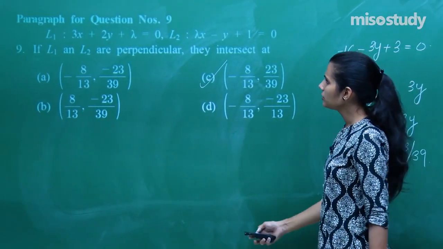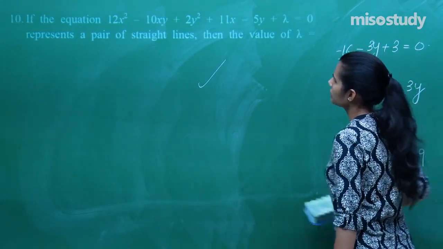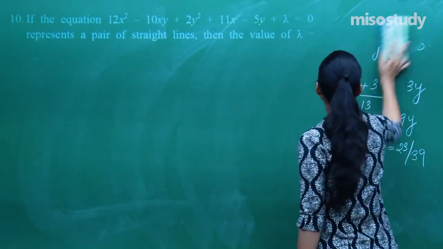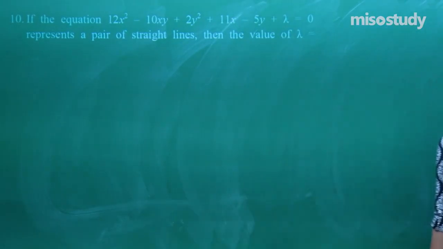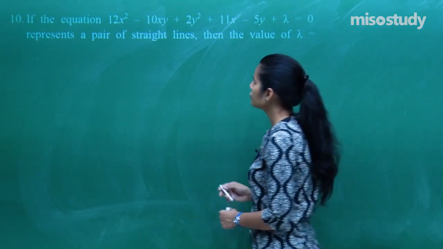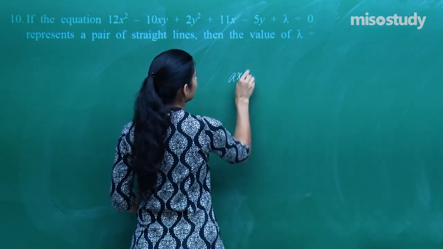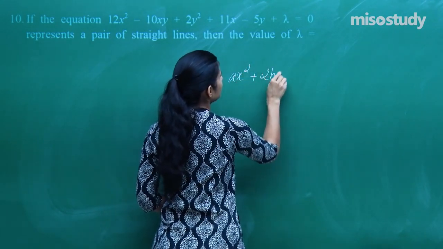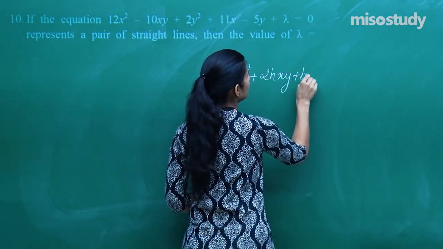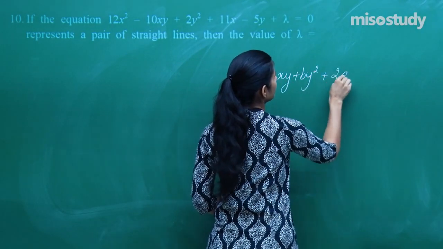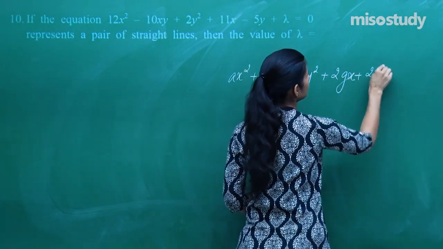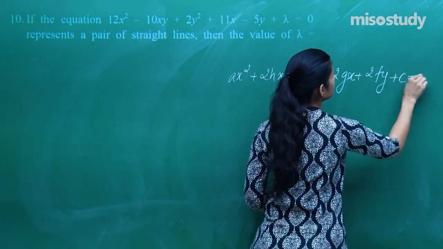Moving to the next question, we have, if this equation is representing a pair of straight lines, then what is lambda? Okay, so let's just compare this with the general equation of straight lines. Ax squared plus 2hxy plus by squared plus 2gx plus 2fy plus c equals 0.